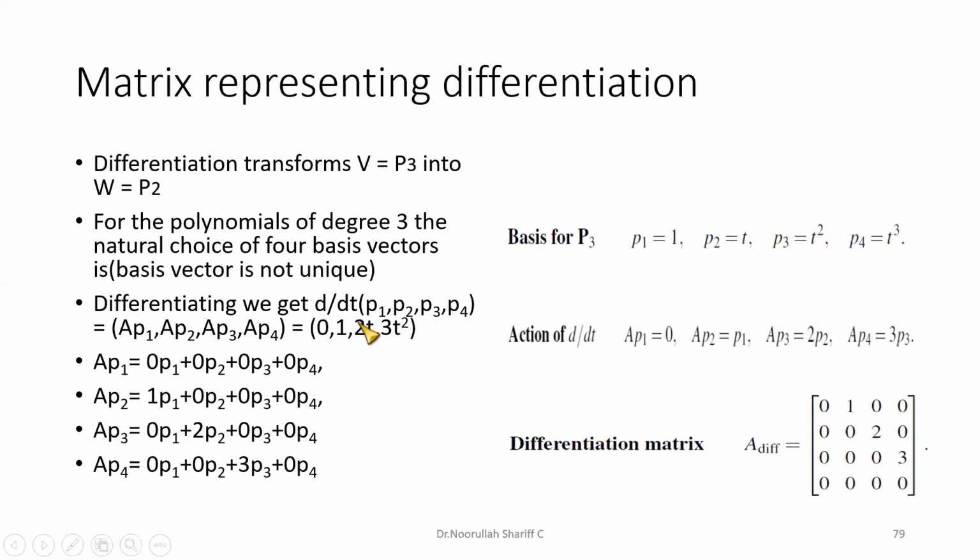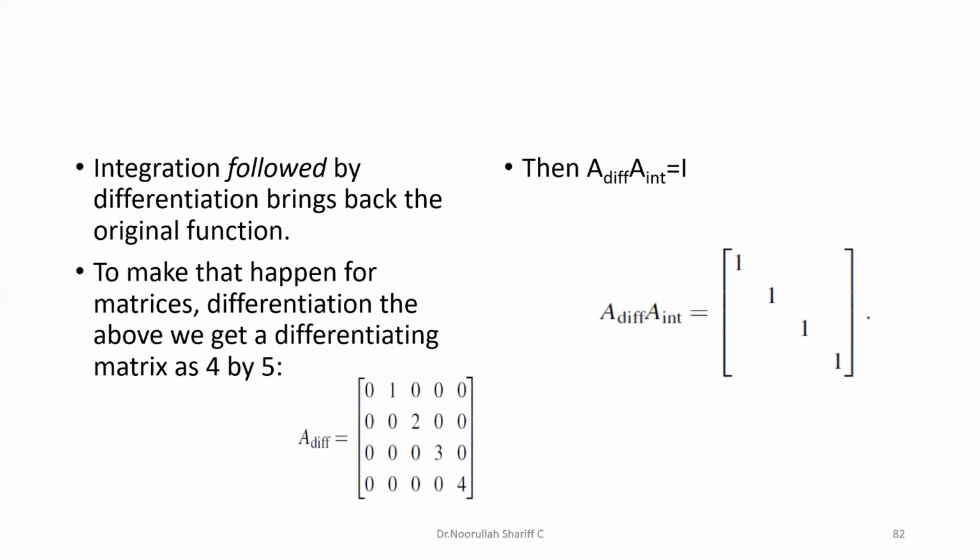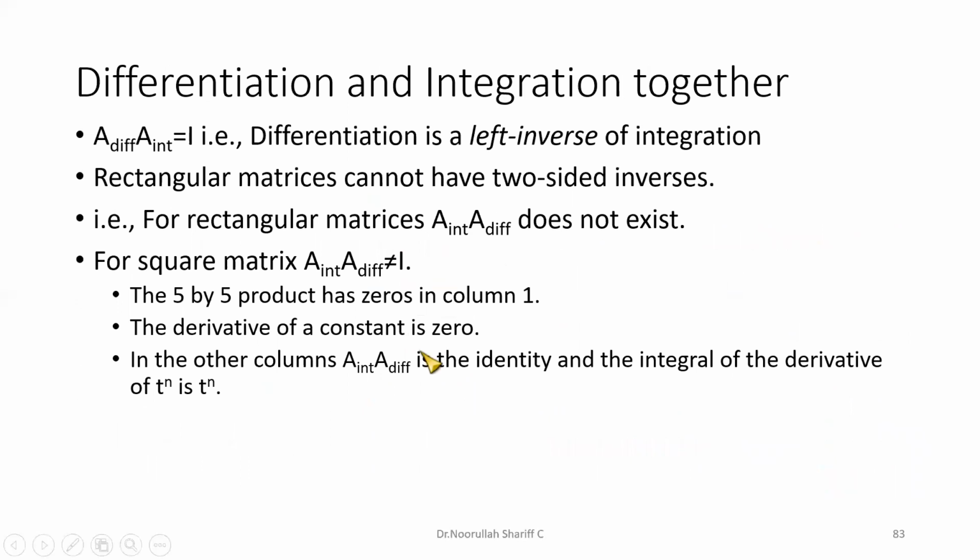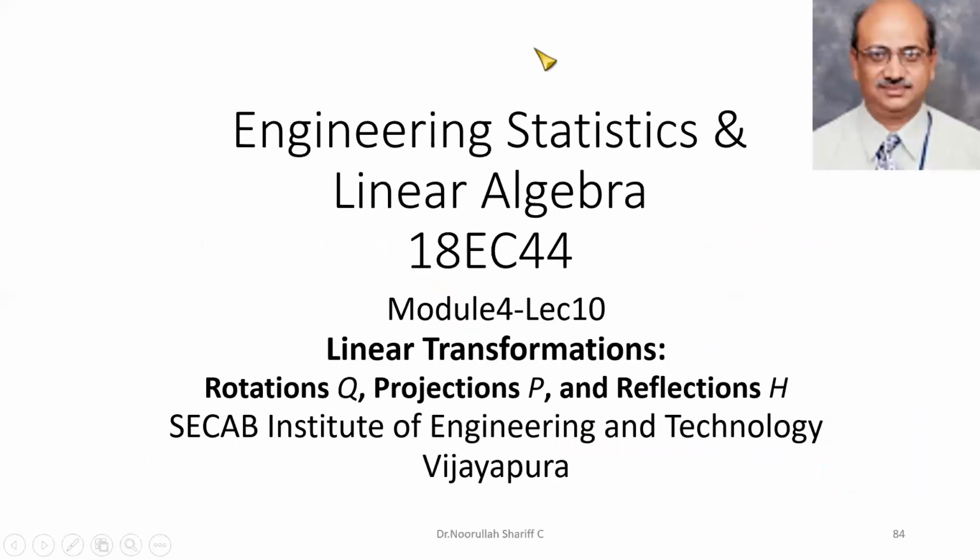Whereas if you integrate 1, you'll definitely get a T. If you integrate 2T, you'll definitely get T squared, and if you integrate 3t square, then you will definitely get the value t cube. But if you integrate the value 0, then you are not going to get a value 1 exactly. You'll get a constant, and that can be anything. That is why we say, as another way of looking at it, that A_int into A_diff will not be equal to I. With this, we come to the end of the lecture for today.